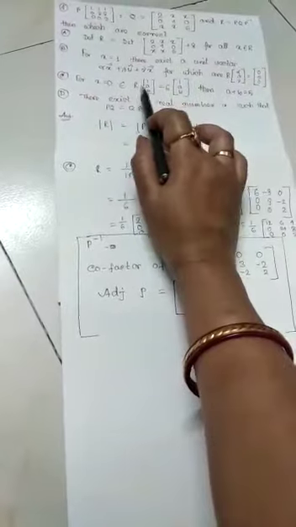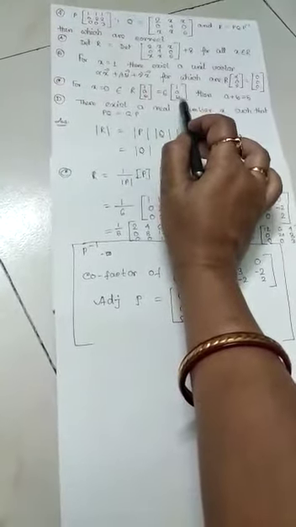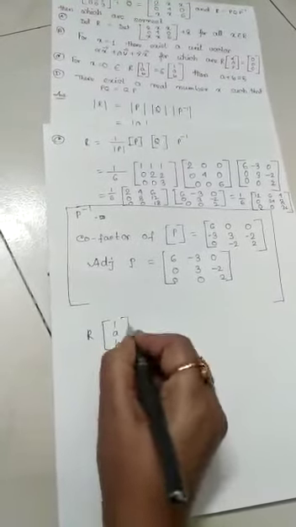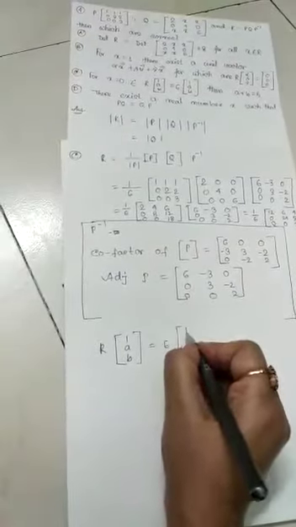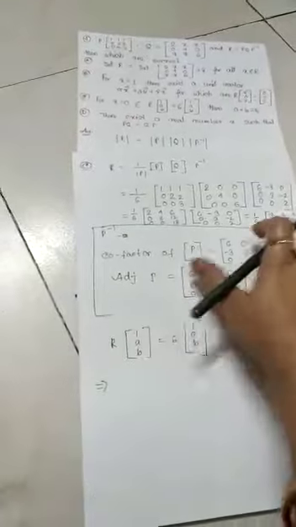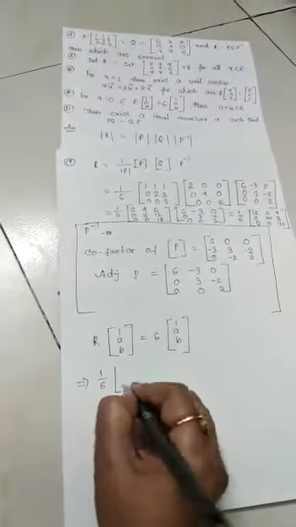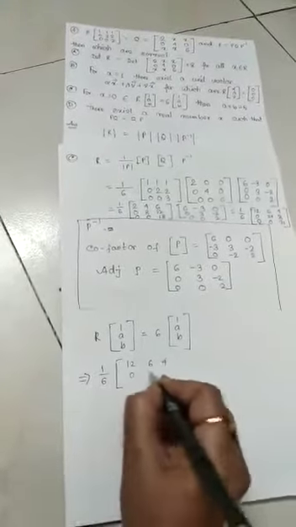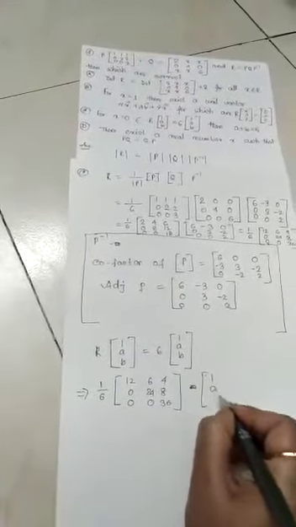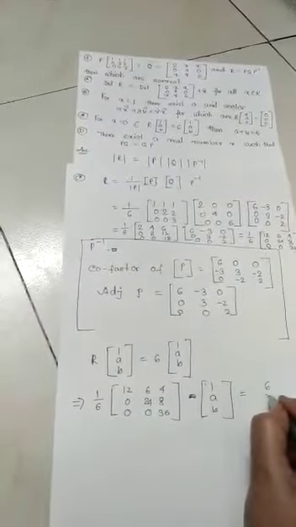This is our R. Now we want to prove R into the vector 1 A B is equal to 6 into the vector 1 A B. R is 1 by 6 into 12 6 4, 0 24 8, 0 0 36, multiplied with 1 A B, equal to 6, 6A, 6B.